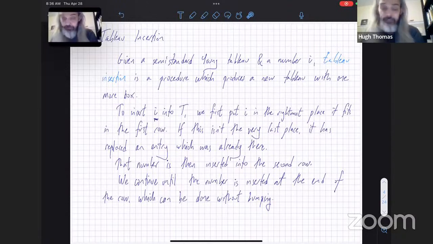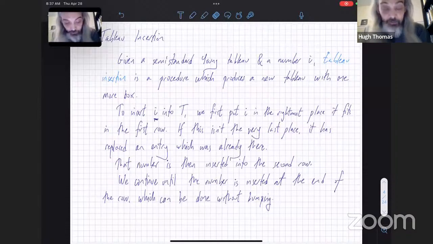If that's the very end, that is to say, if it is greater than or equal to everything that's already in the row, then we just put it at the end, and that's fine. But if not, then we want to put it somewhere where there's already some other number. In that case, we view that number as having been bumped out, and then we have to insert that number into the next row.